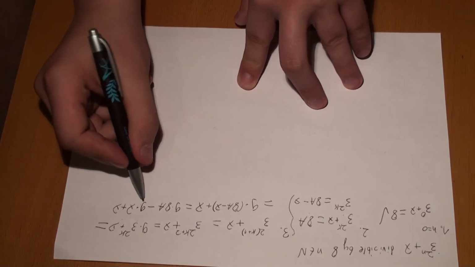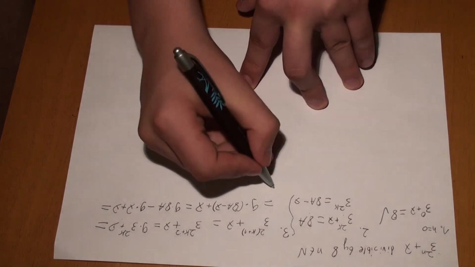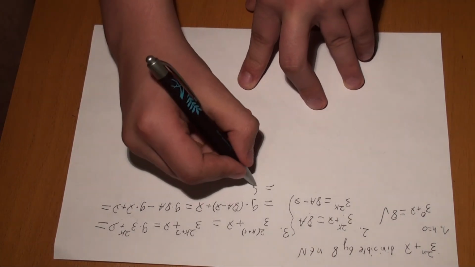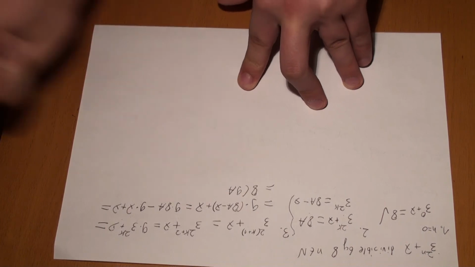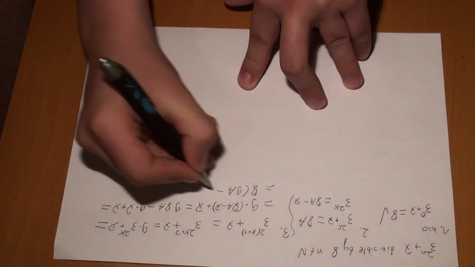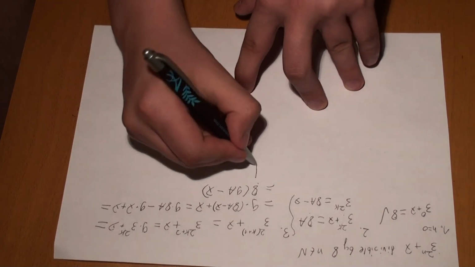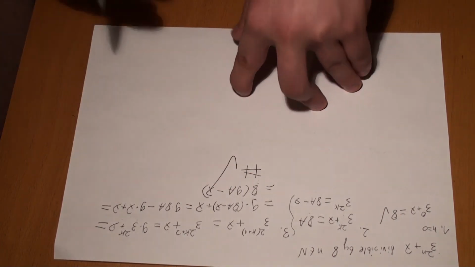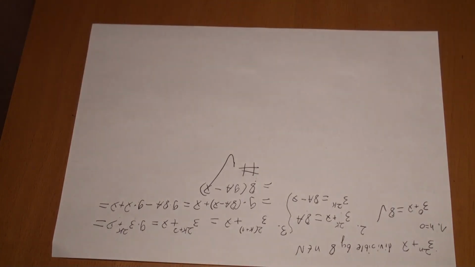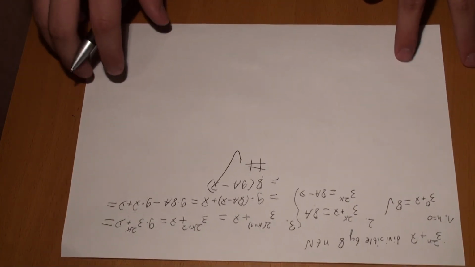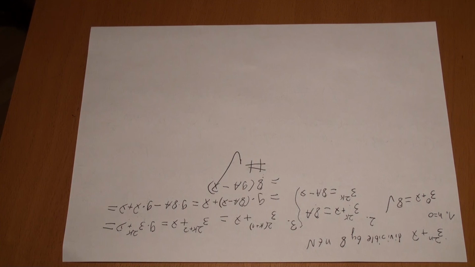So we can see that it's basically gonna be 72a minus 56. So it's divisible by 8. So it's proven. So this was the mathematical induction. I hope I was fairly clear. Thank you for watching.